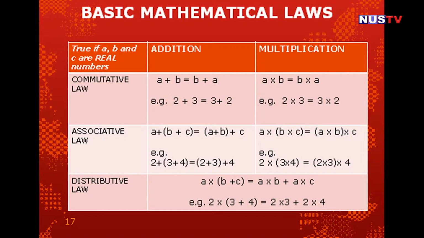You have A times bracket B times C bracket is equal to bracket A times B bracket times C. So it's a simple example there. 2 times bracket 3 times 4 bracket is the same as bracket 2 times 3 bracket times 4 because both sides would be equal to... 3 times 4 is 12, times 2 is 24.